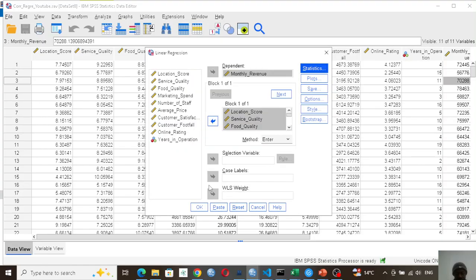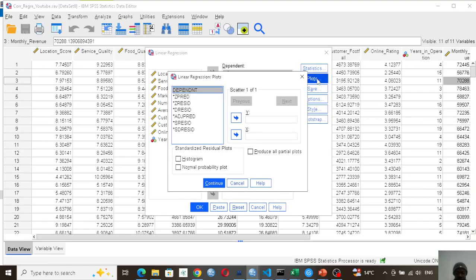So you say Continue, and then you come to Plots. One of the assumptions of regression is that the residuals should be normally distributed. So you come to Plots here, and you see the items starting with Z. We use x to predict y, so we put the Z predictor in the x, and the Z residual in the y.